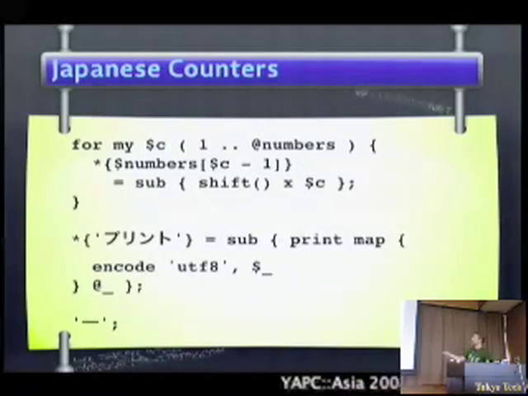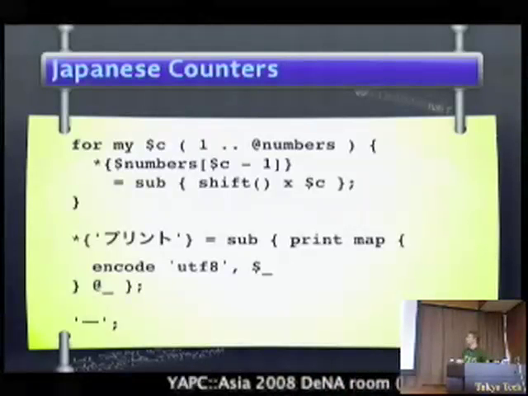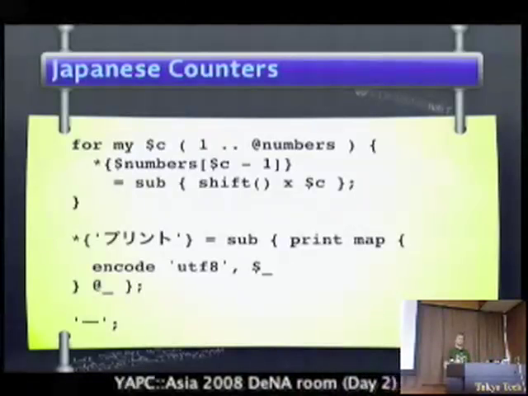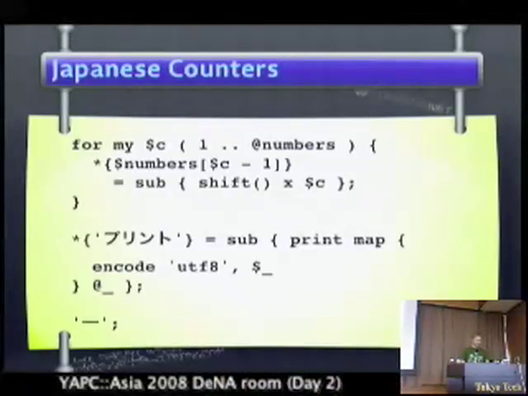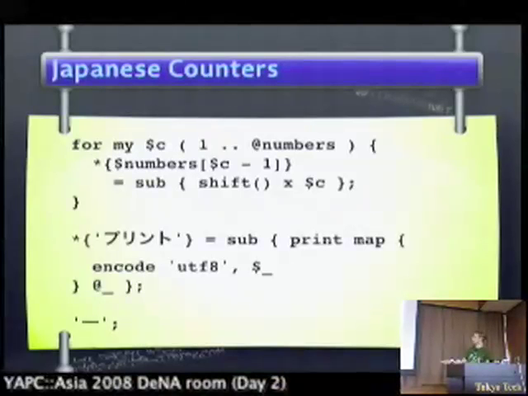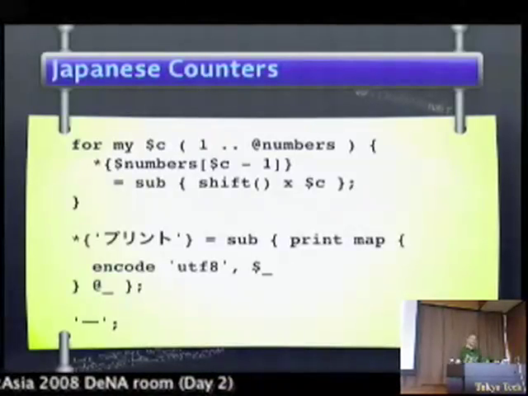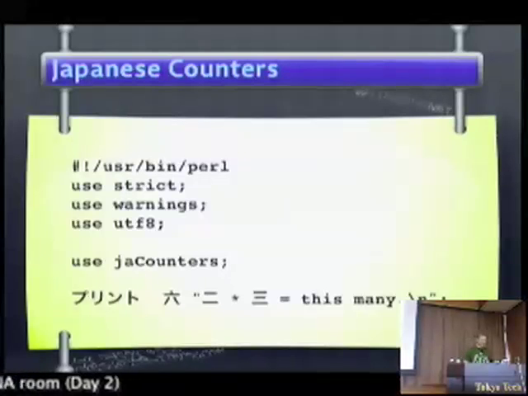And then here's parento, which just prints an encoded version of whatever you passed in. So it's just sort of like an alias to Perl's print. And then all modules have to return 1, or a true value. So then if you just use JACounters, then you can use this Japanese code. And I believe that's it. So questions, I guess.